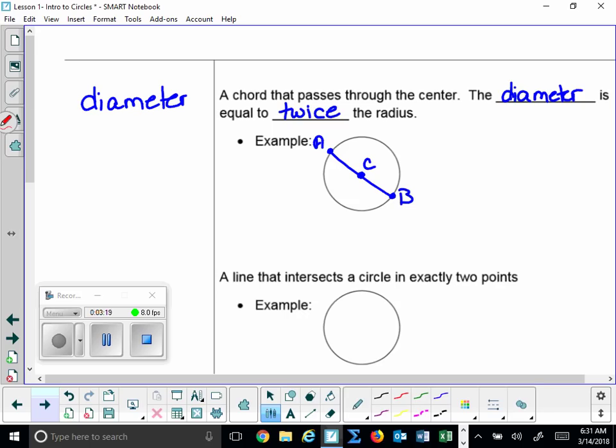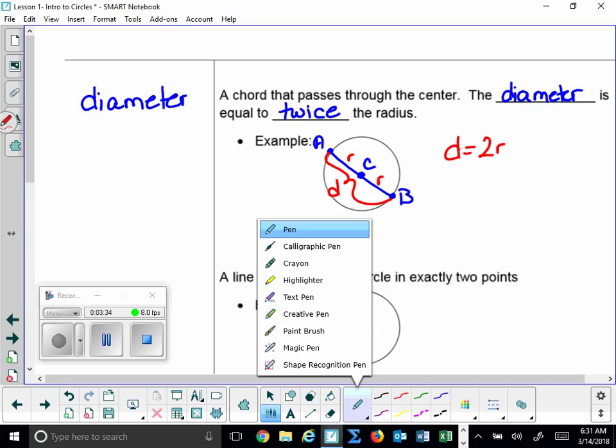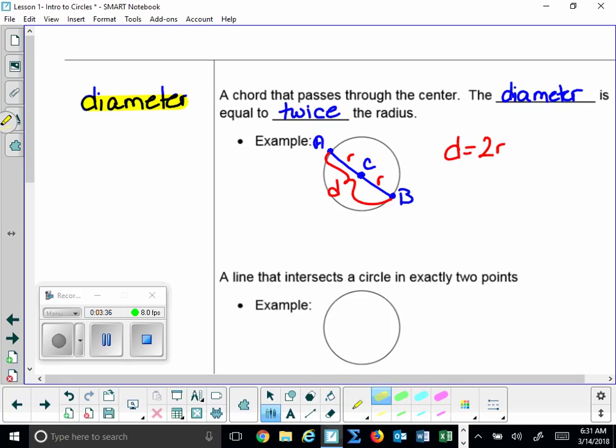So diameter equals 2r. AC is a radius, CB is a radius, and this entire thing is a diameter. And we use a lowercase d for diameter. Yet another vocabulary word.